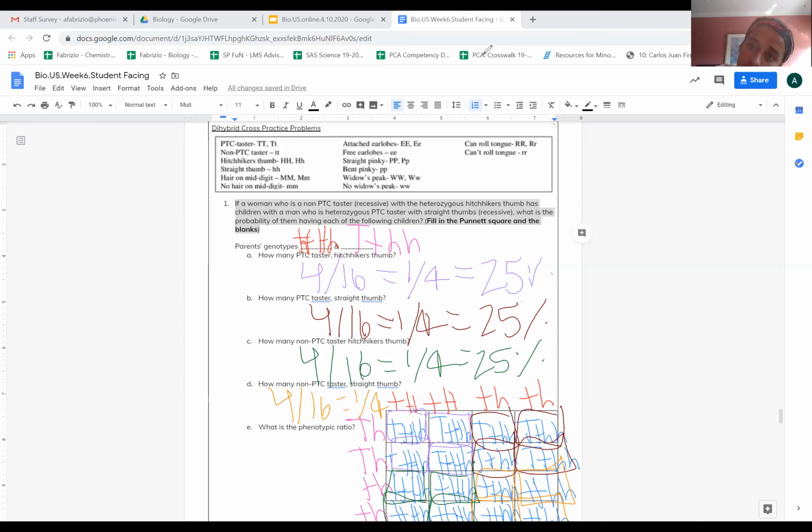So it's going to be 4 to 4 to 4 to 4, which you can simplify to 1 to 1 to 1 to 1, because they can all be divided by 4. And ratios are always going to be separated by colons, like this. Pause as needed, and please ask me questions if this is confusing.